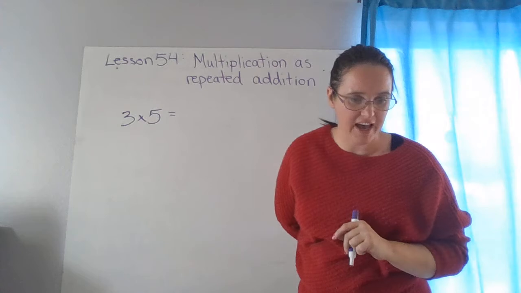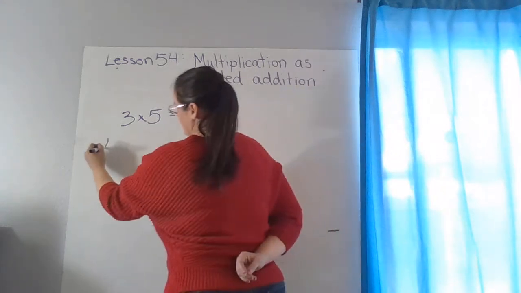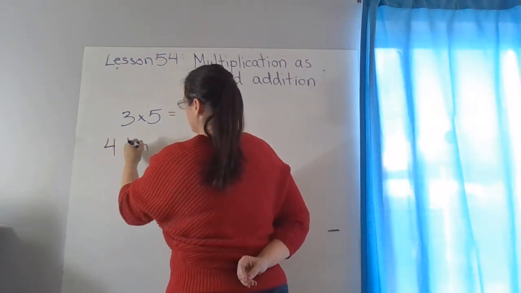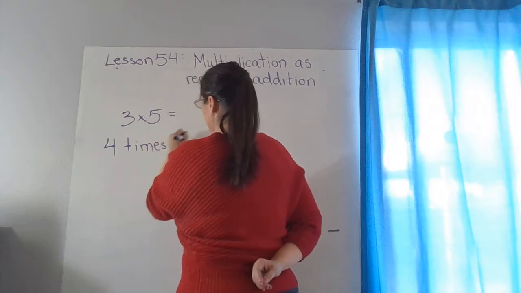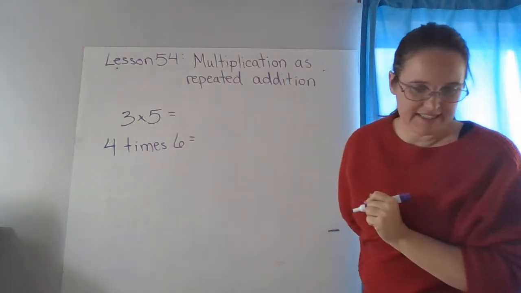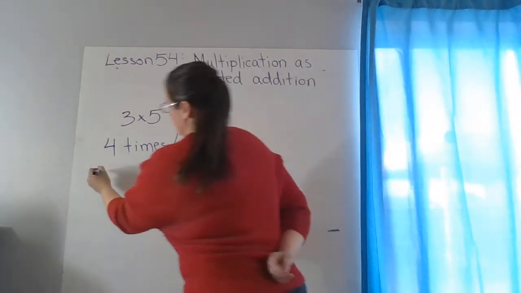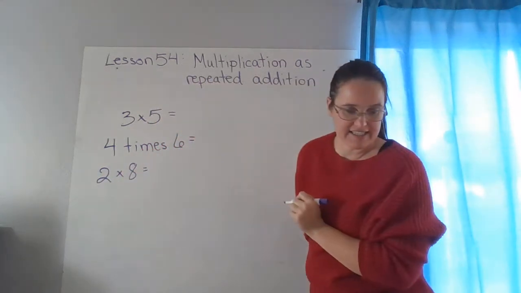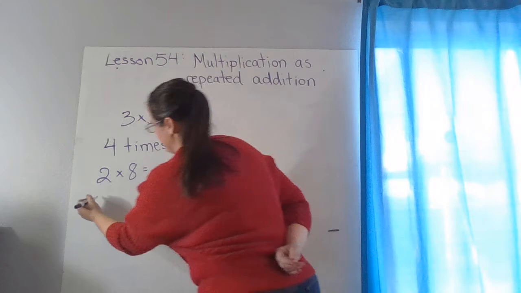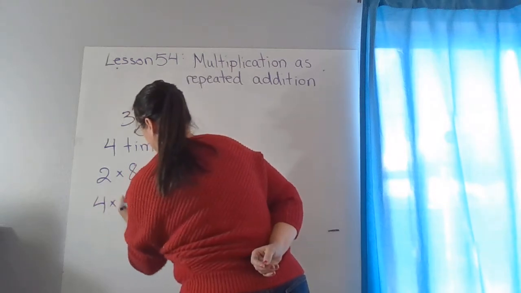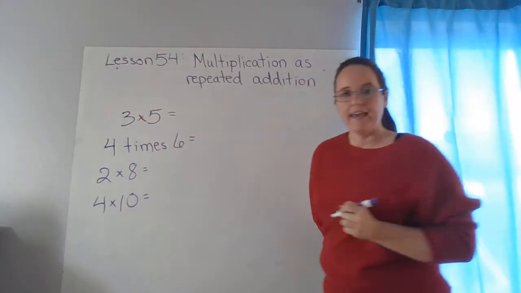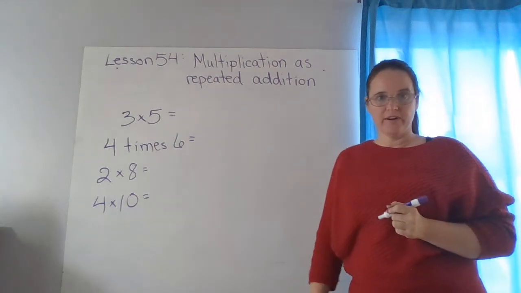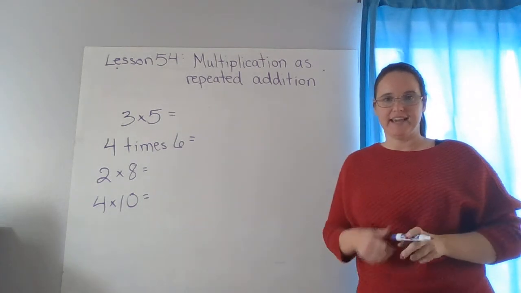Okay, 3 times 5. Four times 6. 2 times 8. And 4 times 10. Hit pause, try those 4, and then come back when you're ready to see the answers.